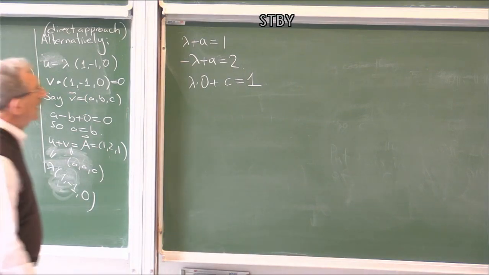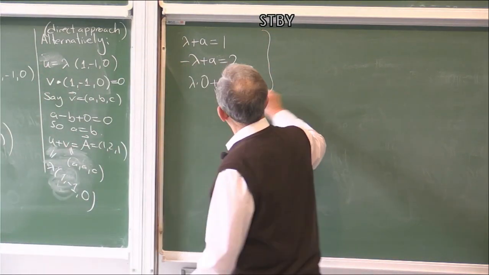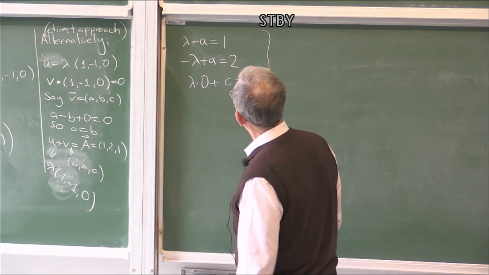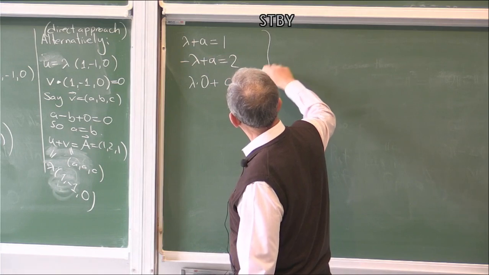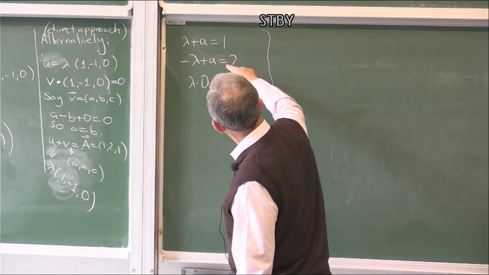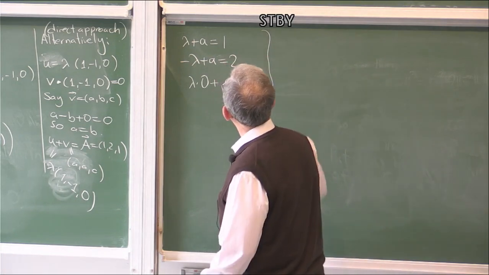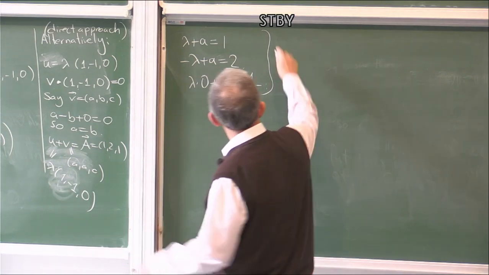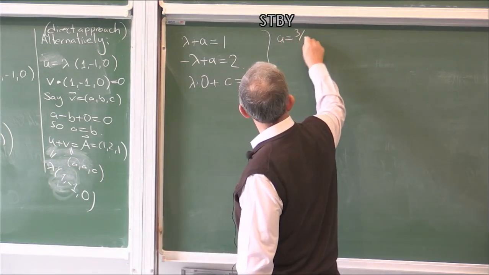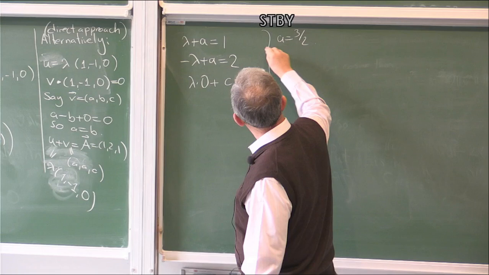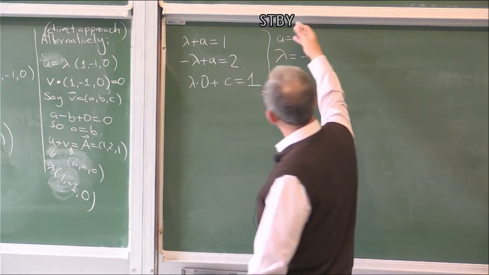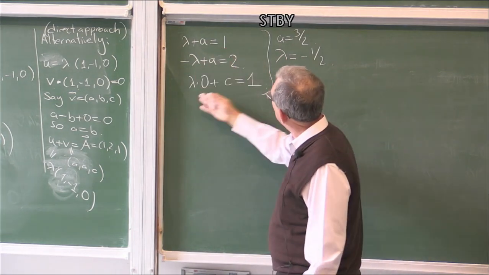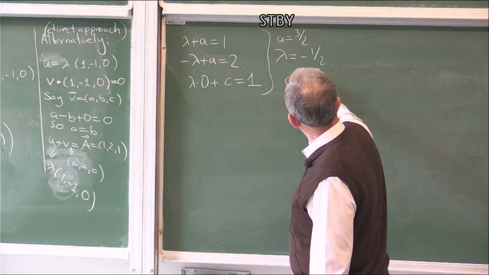Now, solving, of course, we get from here directly, adding, 2A is 3, so A is 3 over 2. Okay. So lambda happens to be minus 1 over 2. And finally, C is 1.